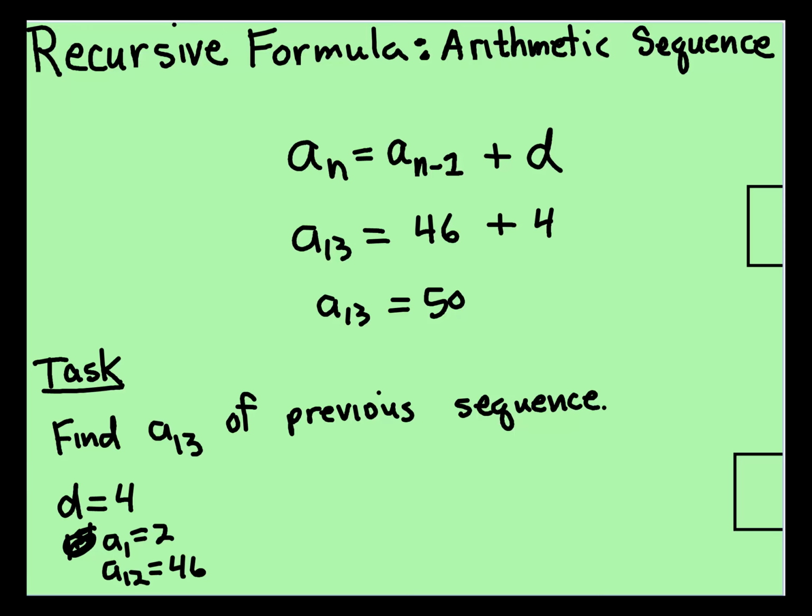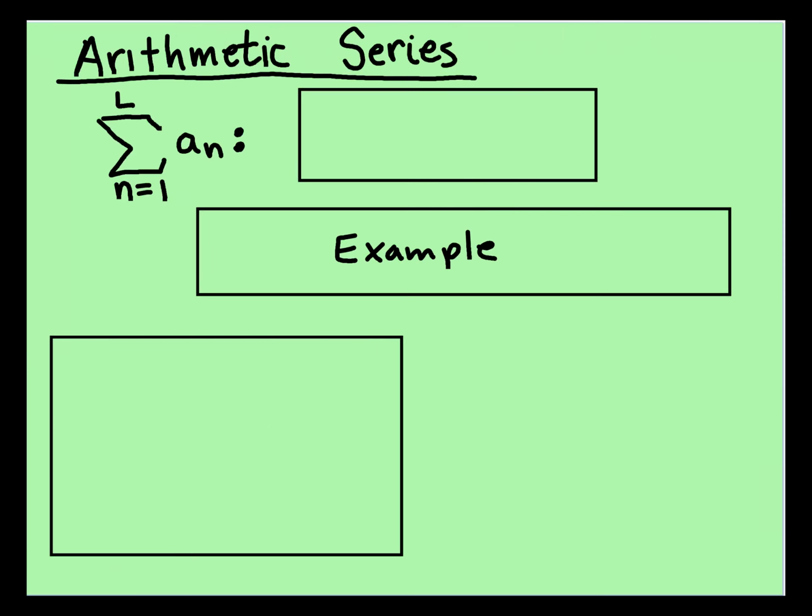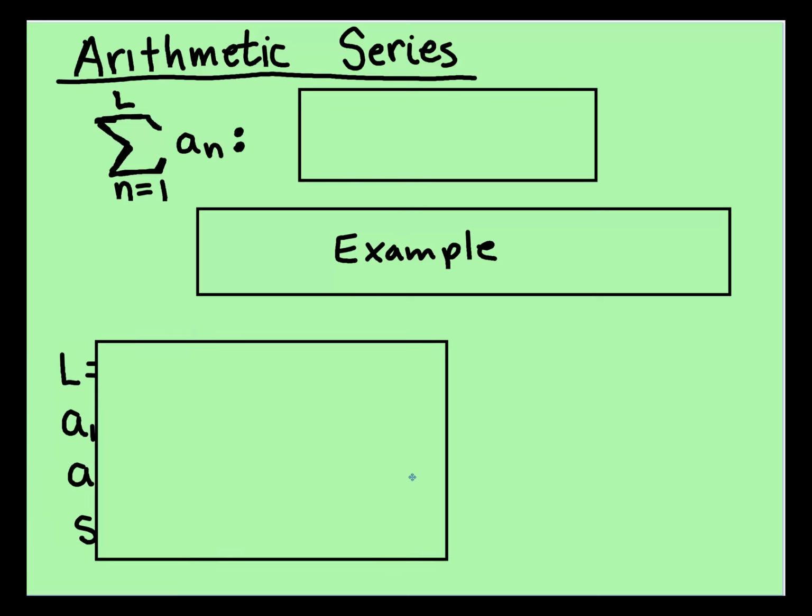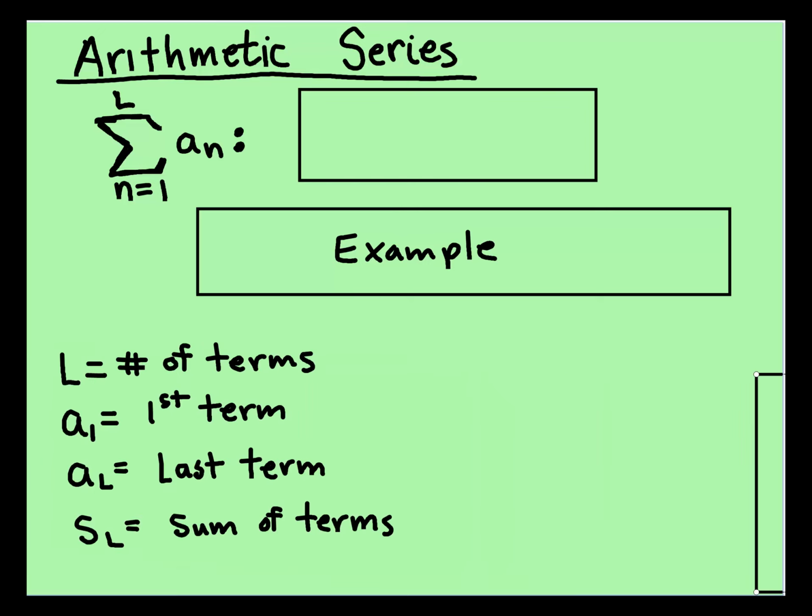All right, so now a series. Remember what we spoke about originally? A series is just when you have a sequence and you add up all the values. And we're learning some new notation. This notation right here is the Greek symbol sigma. Let me show you what all the notation represents.